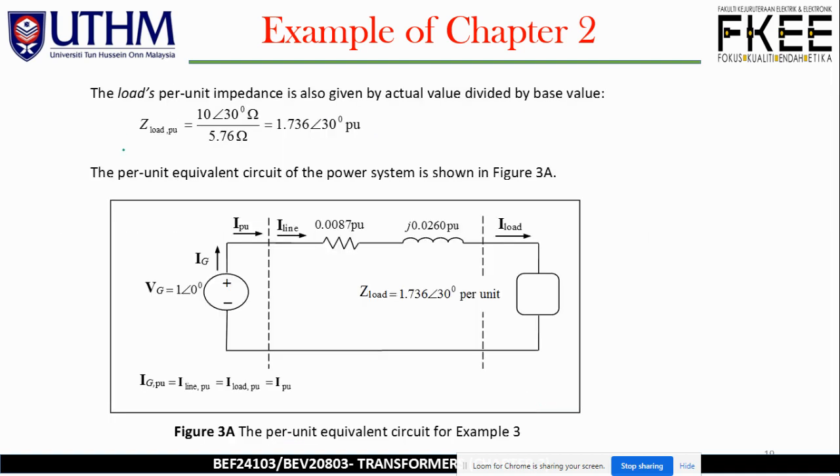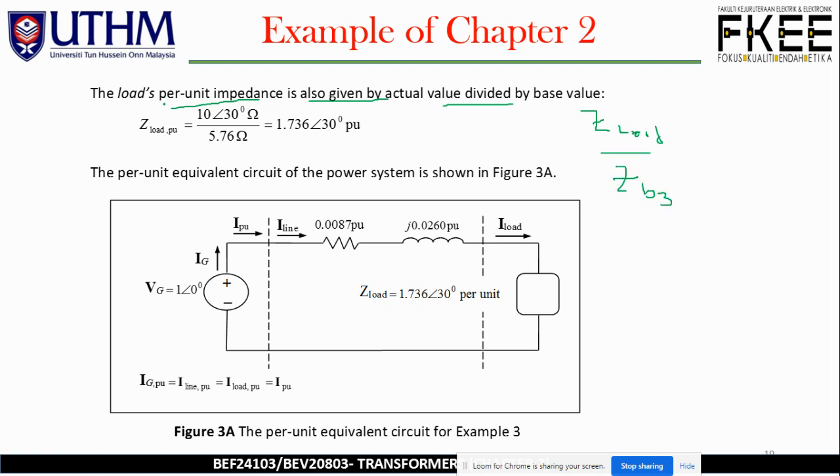Now moving on, the load's PU impedance is also given by actual value divided by base value. We have the Z actual of the load, for example, divided by Z base 3.